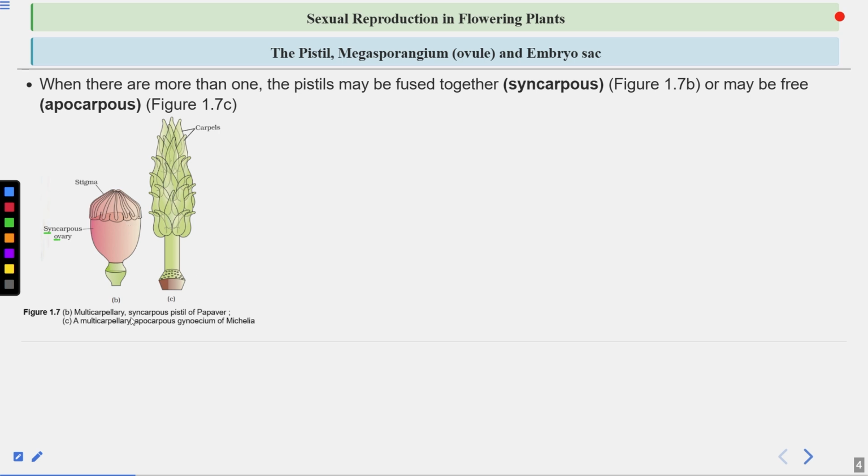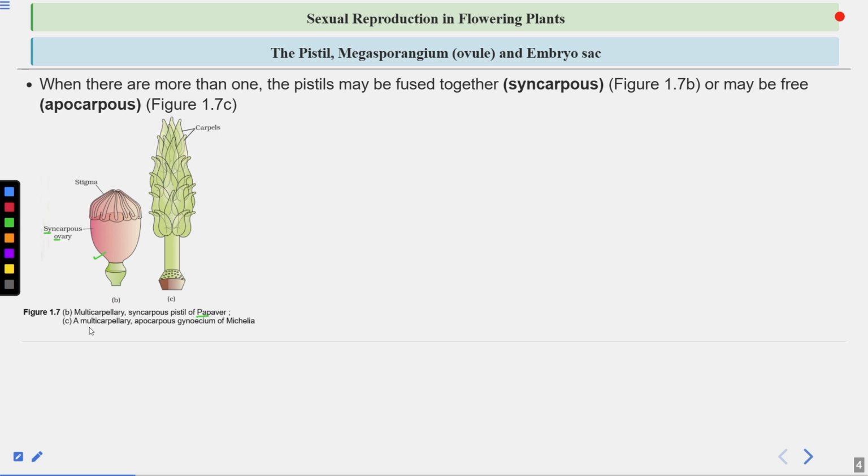That condition is called a syncarpous pistil. The example is Papaver somniferum, from which we can get alkaloids that have medicinal value. So this plant is showing the syncarpous ovary.